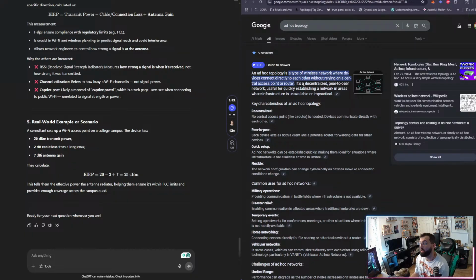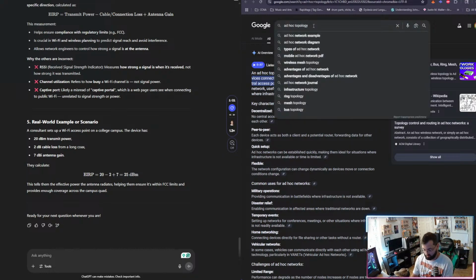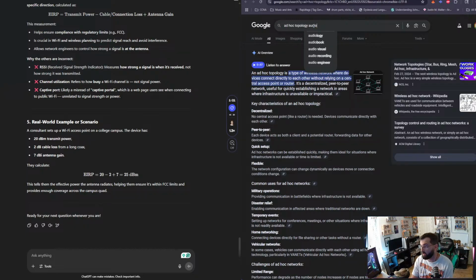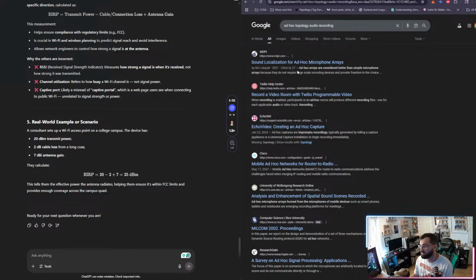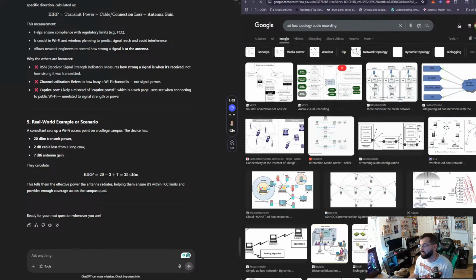Whoa! It's a decentralized peer-to-peer network useful for quick establishment. Whoa, so that's how a lot of these wireless things work.